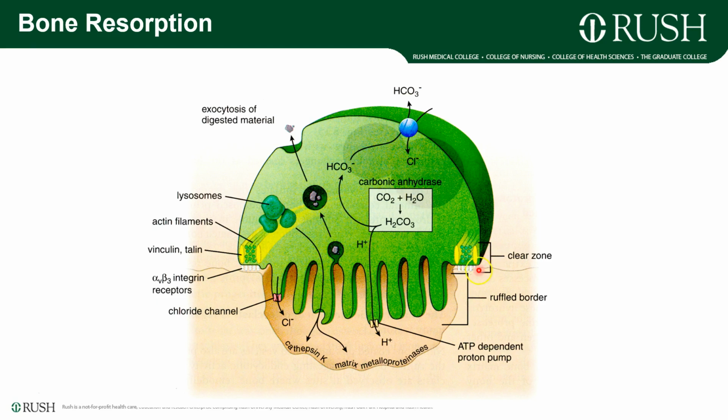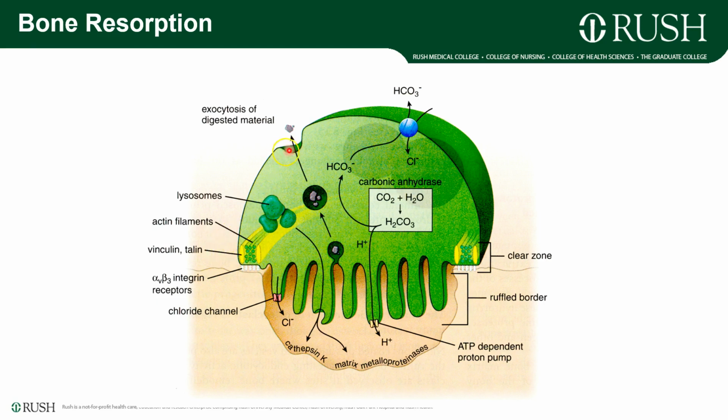And to be able to attach to that, there are two reasons for that. One is to make sure that you have locality locked in, but also to allow this area here where the resorption is taking place to be isolated away from the other surrounding areas in the marrow space. And this is done through these integrin receptors, which latch on the cells to the surface.